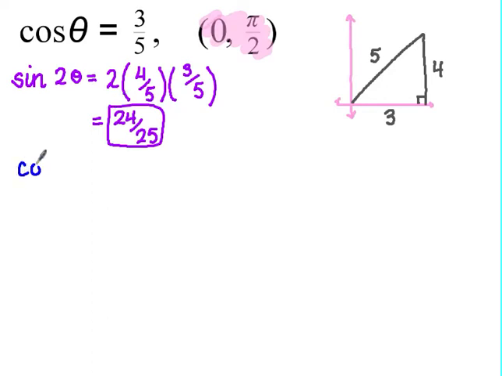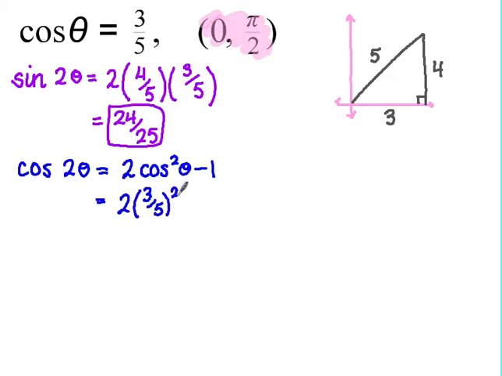Cosine of 2 theta. What formula should I use? I would do the 2 cosine squared theta minus 1. Reason being because the original problem had cosine. So even if you've screwed up the triangle, which we haven't, but we don't want to take a chance, I'm now going to take 2 times 3/5 quantity squared minus 1.